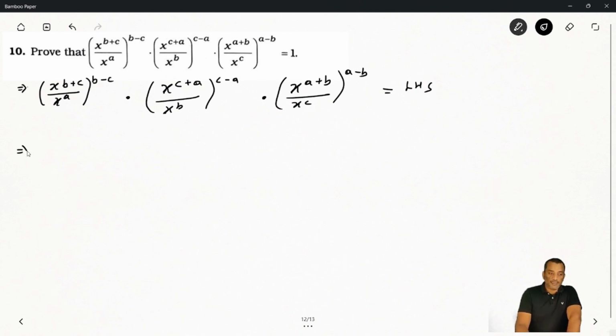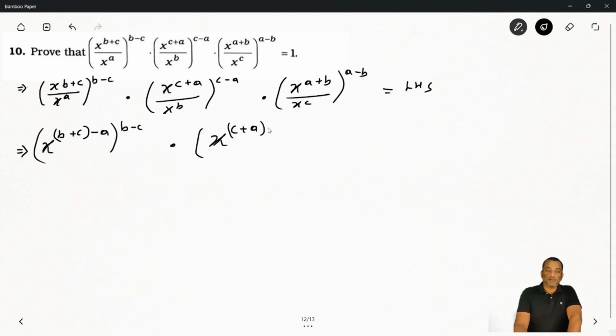So simple, we can again apply the quotient rule here. So we can say x to the power b plus c bracket minus a, and whole b minus c. Multiply, then again x to the power c plus a bracket minus b, and whole c minus a.